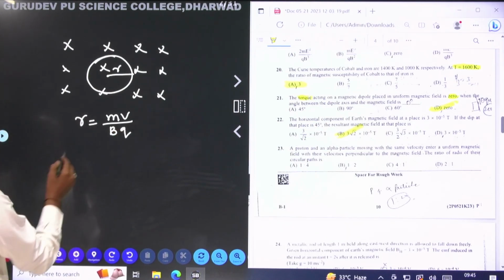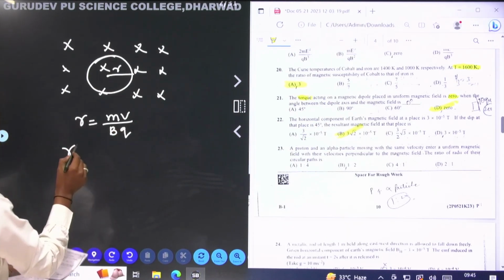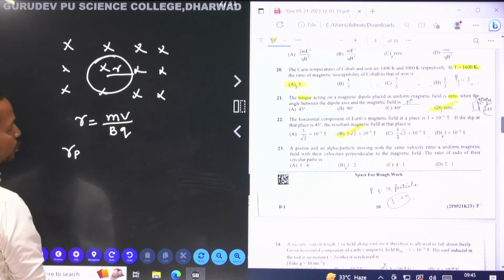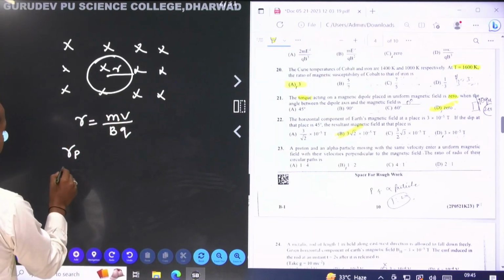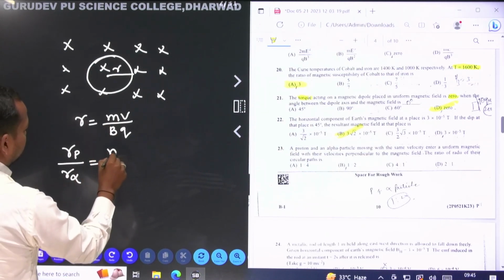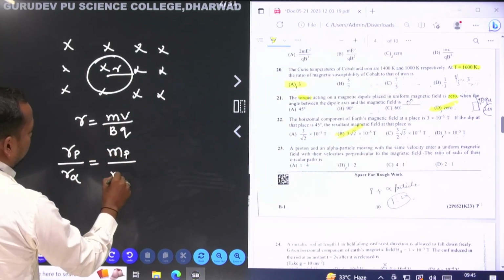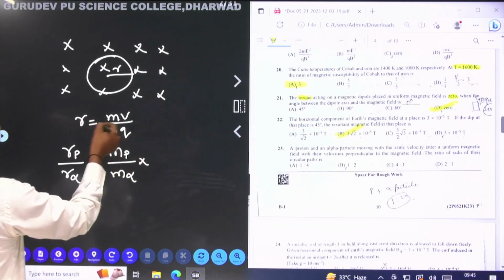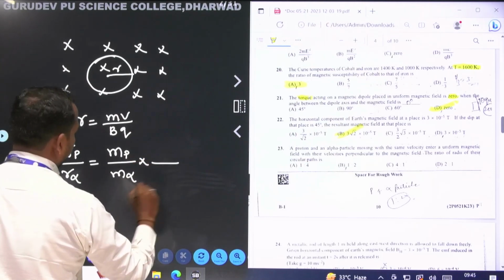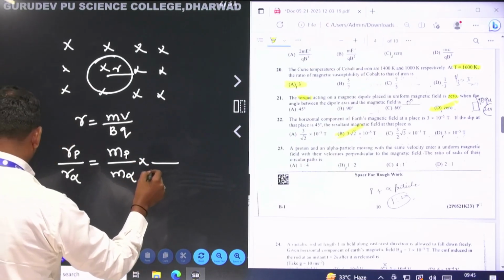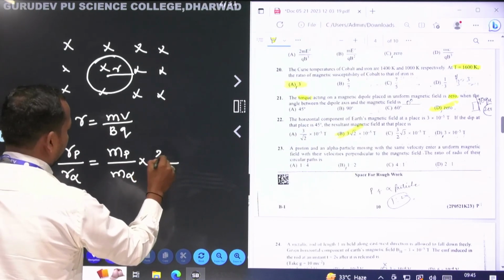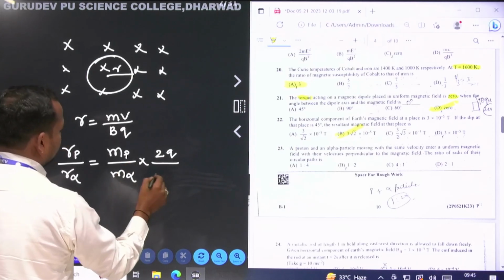So the radius of the proton divided by the radius of the alpha particle is equal to the mass of the proton divided by the mass of the alpha particle, into, since it is inversely proportional to charge, the charge of the alpha particle, which is 2q, divided by the proton's charge q.